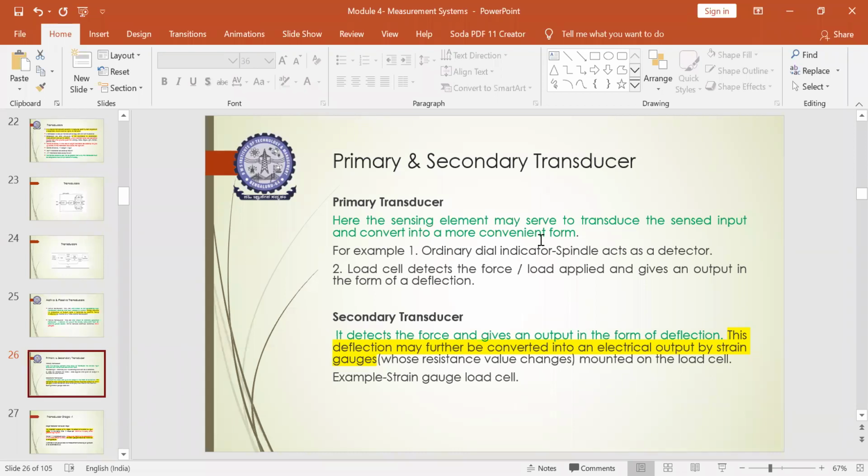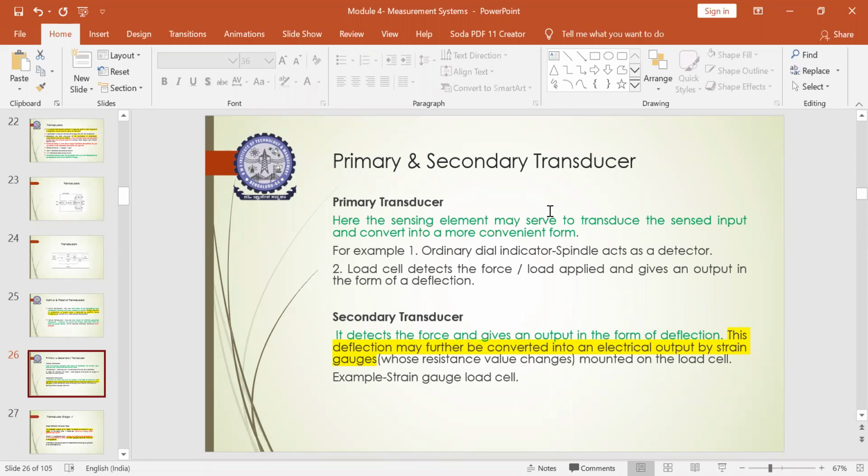Everyone knows how a dial indicator operates. At the tip of the dial indicator you will have the spindle. This acts as a detector and it shows the deviation on the dial indicator, because by just sensing we won't be able to understand what the deviation is.